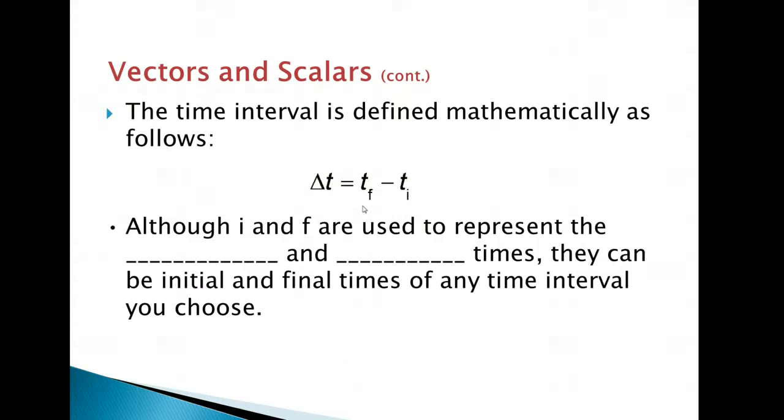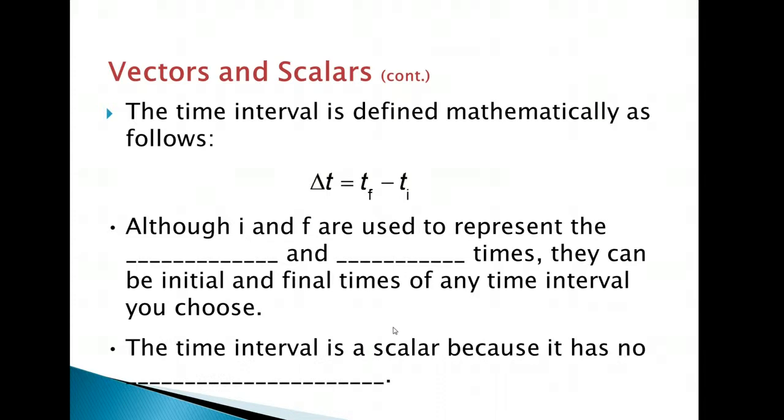The i and the f, as I've already alluded to, stand for initial and final times. And the time interval is a scalar quantity because the time is just given to us in minutes, seconds. There is no direction. Time is always moving forward, so it is a scalar quantity.